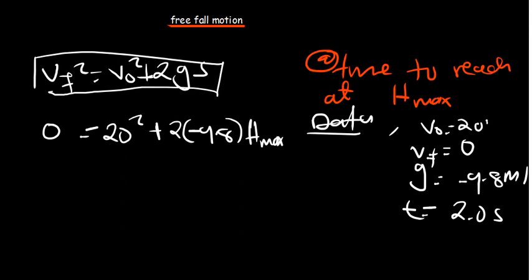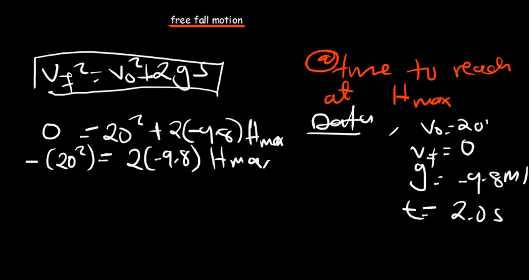Okay, I can get my calculator. I have 20 squared. Here I'm going to get negative 400 is equal to, if I have 2 times 9.8, I have 19.6, so it will be negative 19.6 h max.